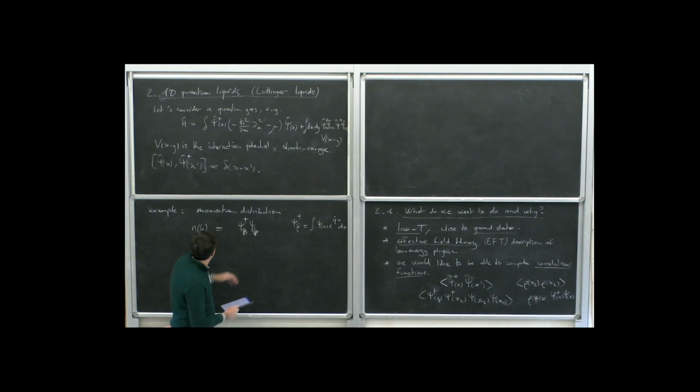You compute the expectation value of this quantity, and this is the momentum distribution. It's the Fourier transform of this correlation function: the integral of dx1 dx2 e to the i p (x1 minus x2) psi dagger x1 psi x2.